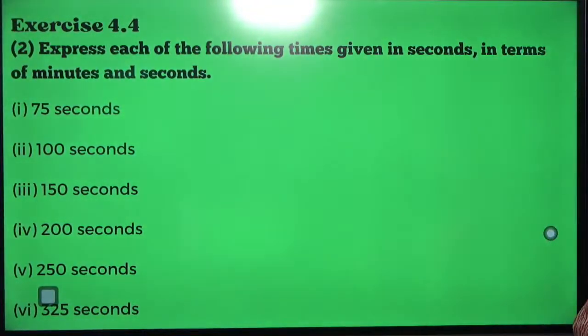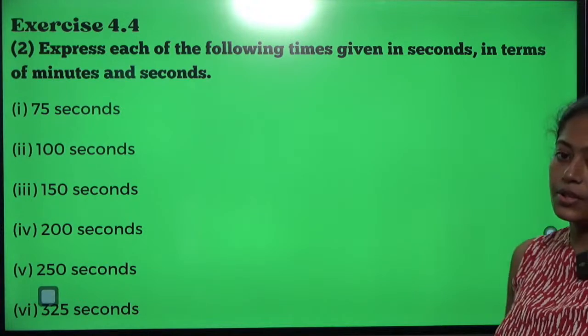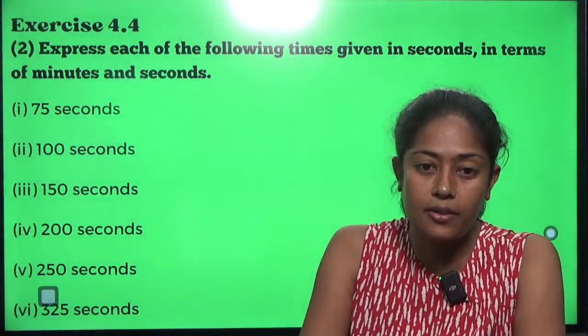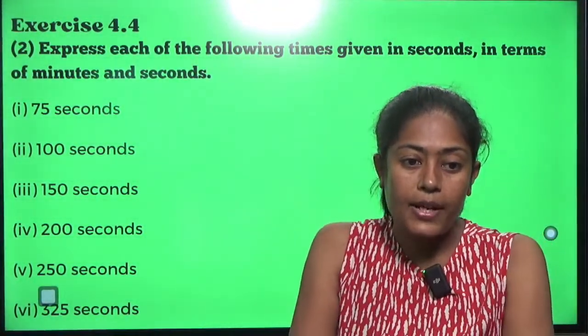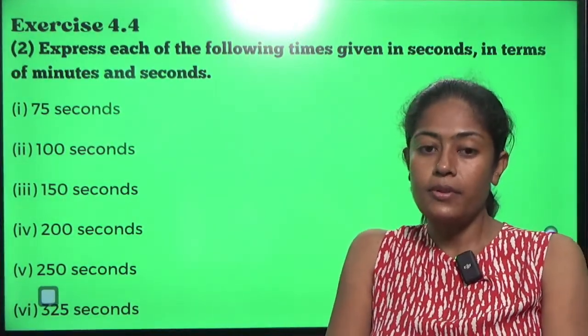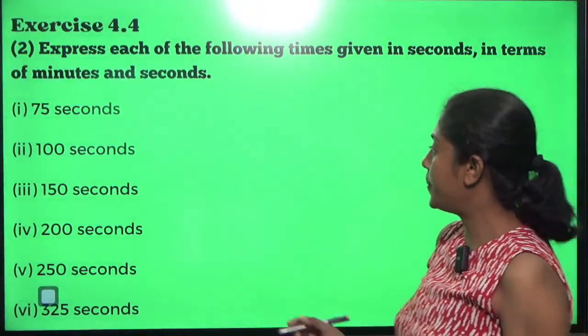First one, 75 seconds. Sorry, the question asks just to write these values in minutes and seconds, not to multiply, right? 75 seconds. First you have to separate into two parts. How can you separate that one?